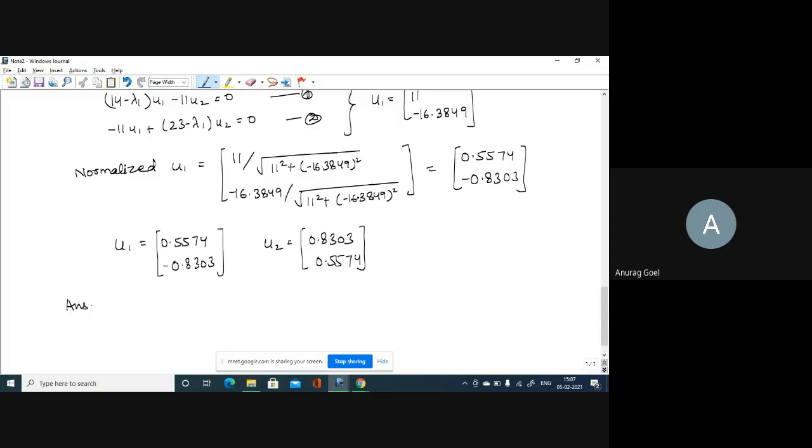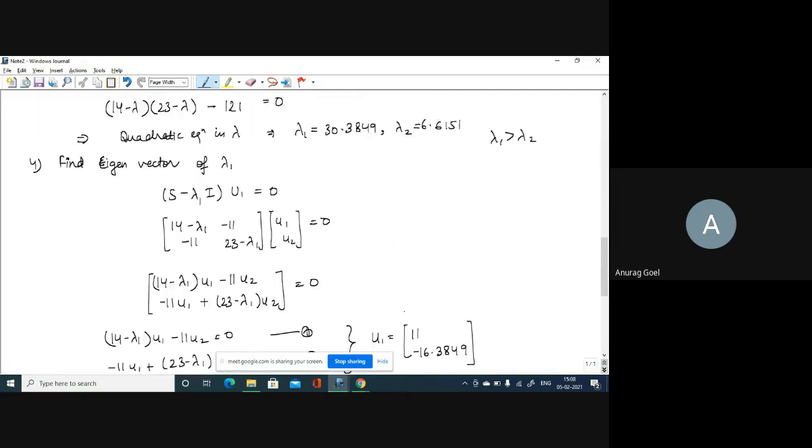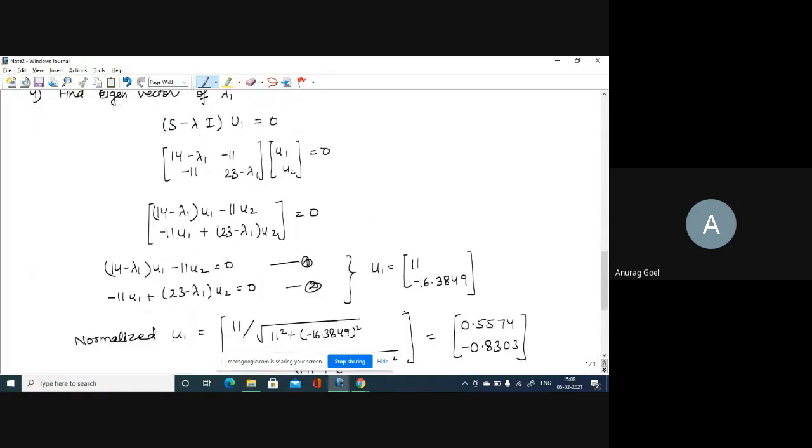This is the final answer: the first principal component is this eigenvector u1, and the first eigenvalue is lambda 1, 30.3849.